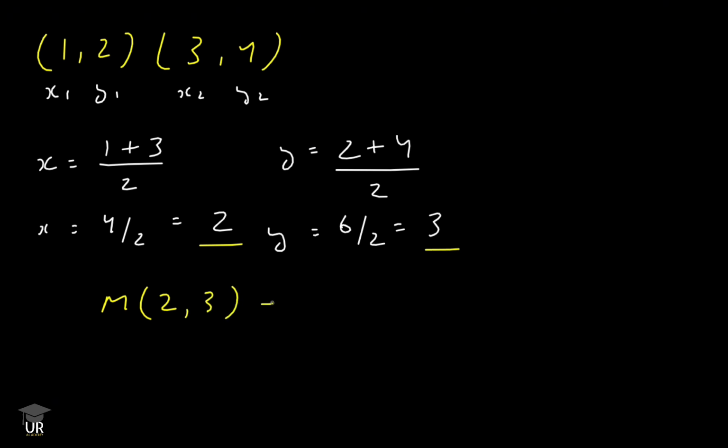And this has to be your center of the circle, since this is the midpoint of the diameter. So the midpoint of the diameter is actually the center of the circle.